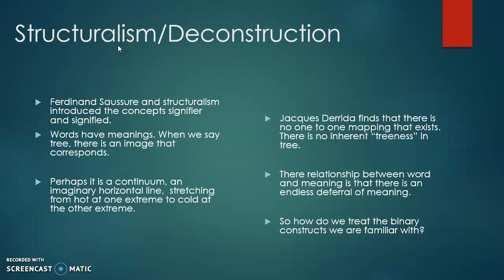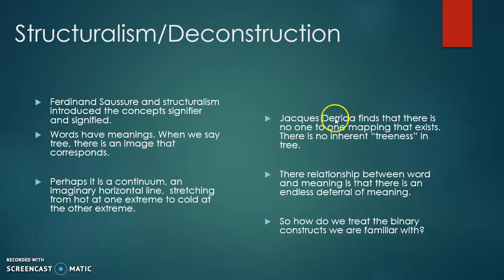But in your study, you may come upon some individuals who question things. Ferdinand de Saussure looked at the structure of things and he introduced concepts. Something must be a signifier, and that which it refers to must be the signified. So words have meaning. If we say a tree, there's an image of a tree that we mean.